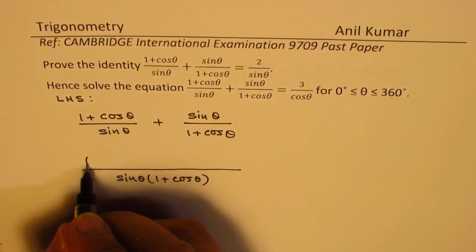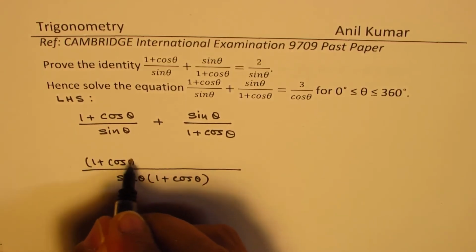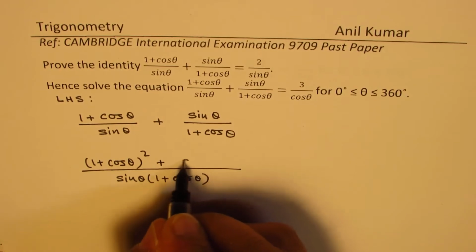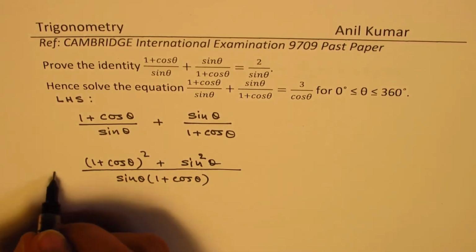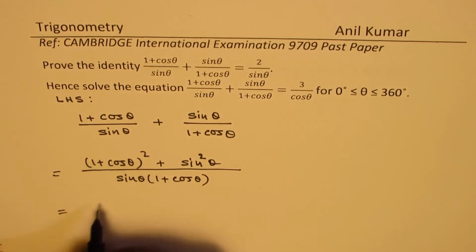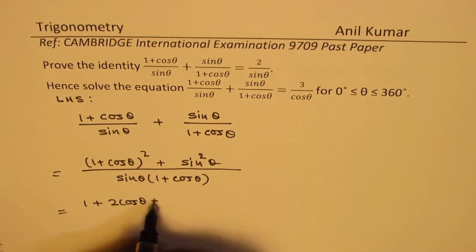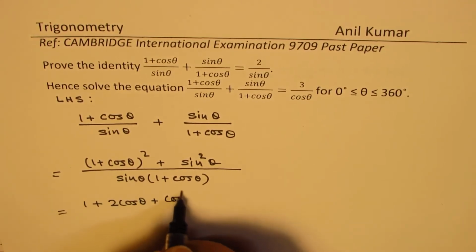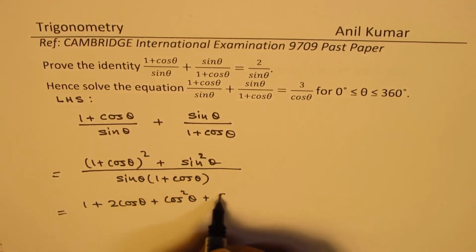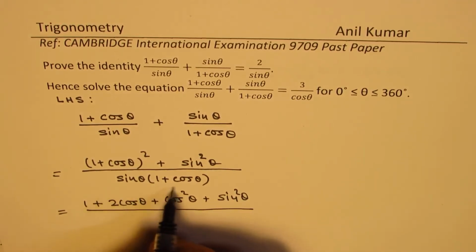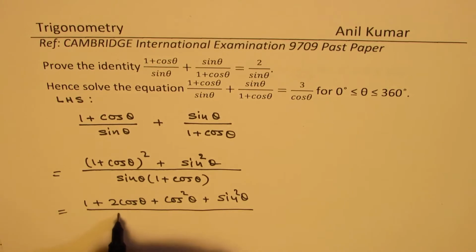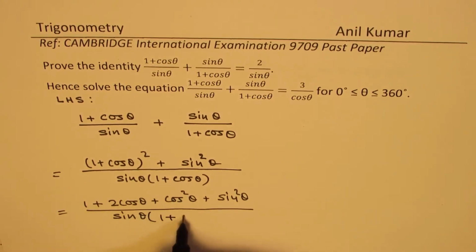Cross multiply, so we get (1 plus cos theta) whole square plus sin square theta. Now we can open this and we get 1 plus 2 cos theta plus cos square theta, and here we have sin square theta. Denominator, don't expand, never expand, I should say. Whenever you're proving identities, try to keep it as such.